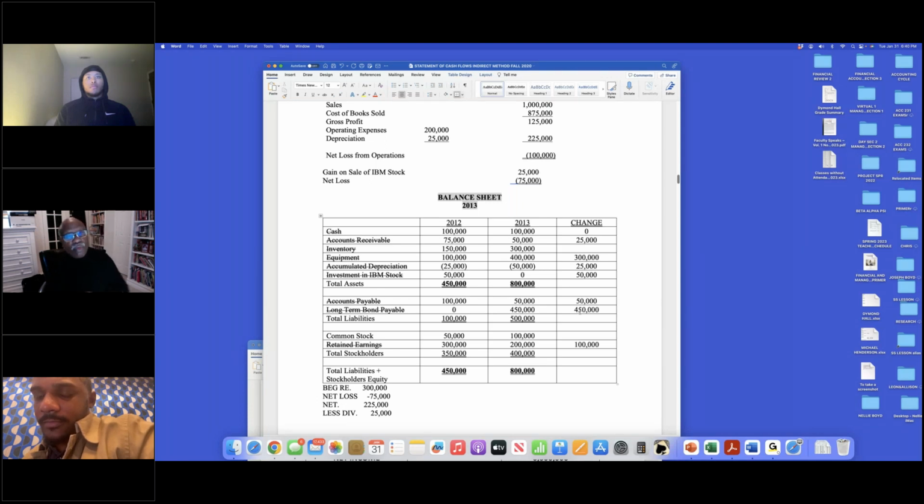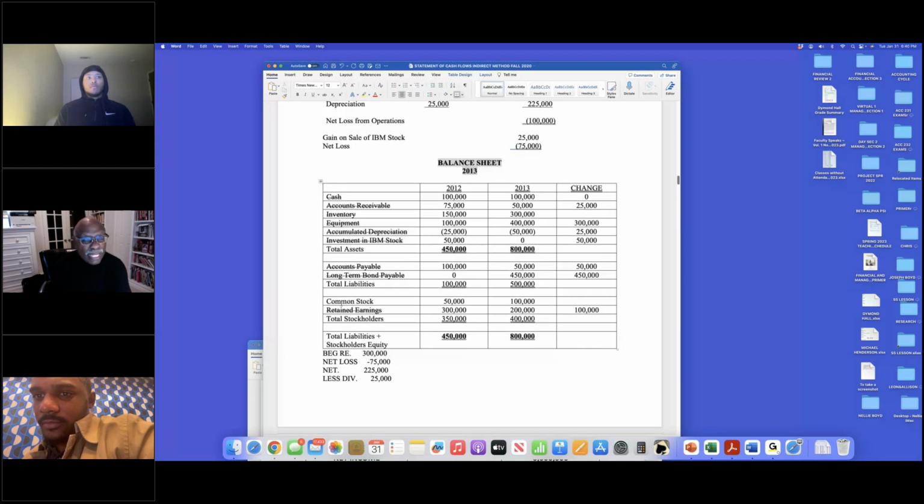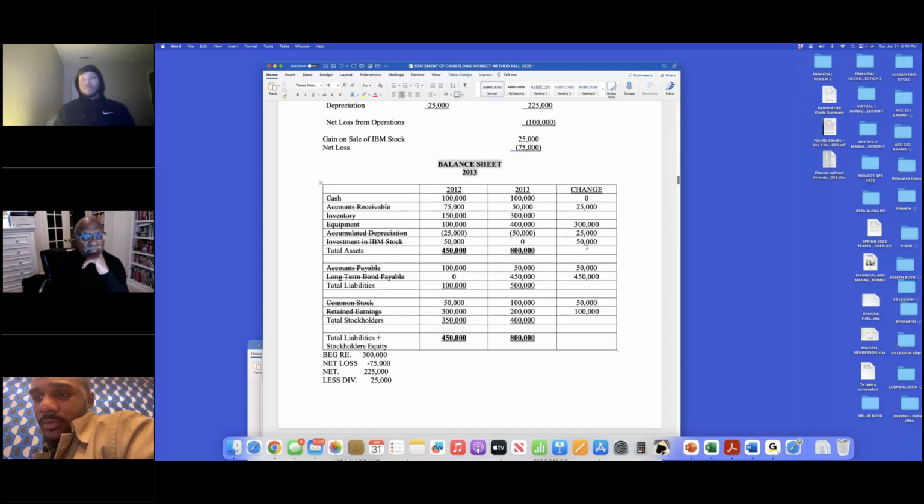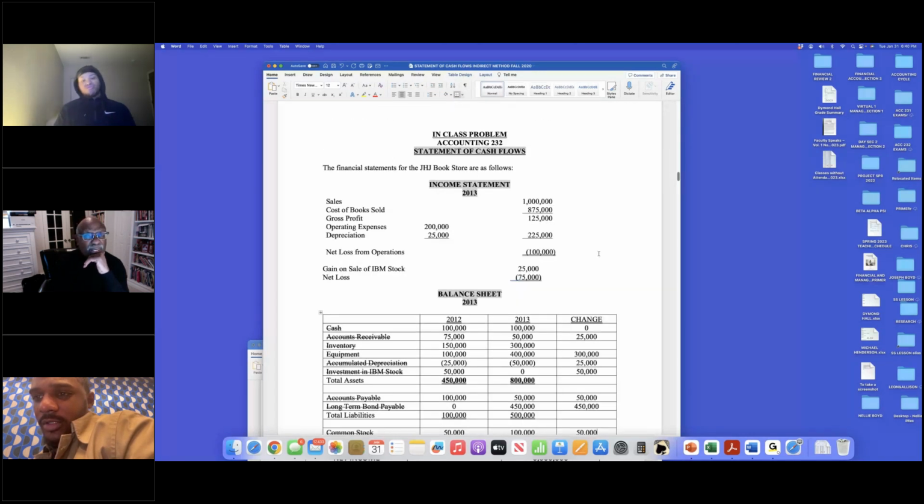We only got one account left now. No, we got two? One. We already did retained earnings. When we put the dividends and the net income in, that took care of retained earnings. So common stock went up 50,000. If common stock goes up, what happens to cash? It goes up. That's right, that's the first journal entry, so it's a source of cash.